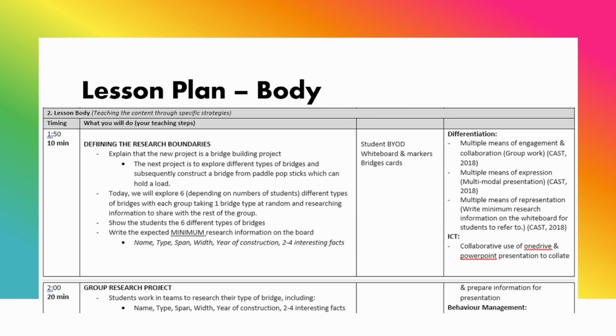So it ended up being a space where they could collect their research, dump it into a collaborative PowerPoint, and organize that information onto different slides under the categories of name, type, span, width, year of construction, and 2 to 4 interesting facts that they could then share with the rest of the class.